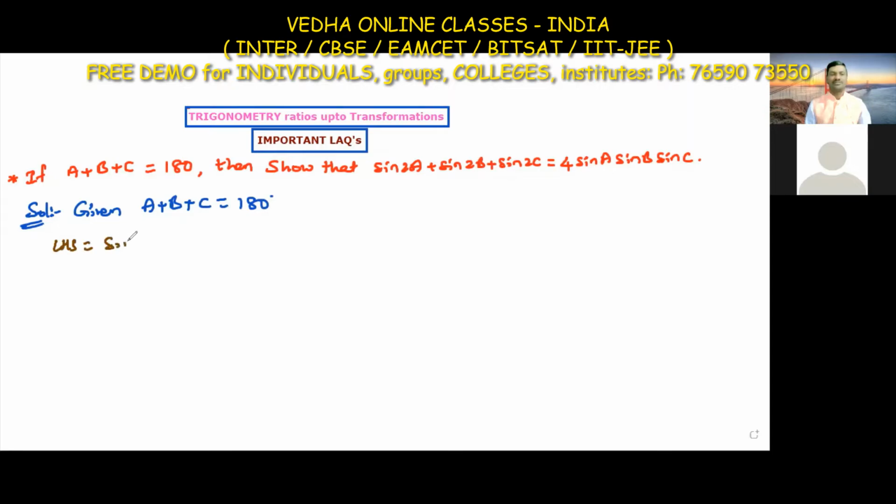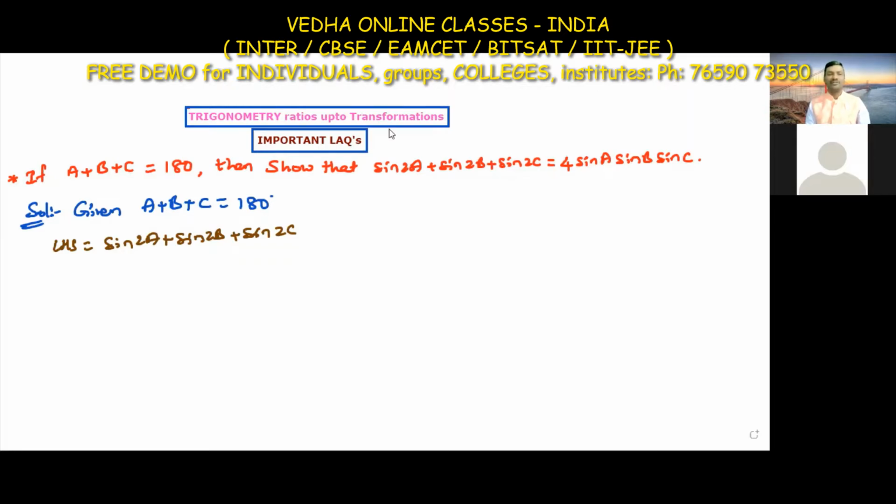LHS is equal to sine 2A plus sine 2B plus sine 2C. Mostly, the procedure we apply is approximately similar, about 80% of the procedure is similar for all the questions.